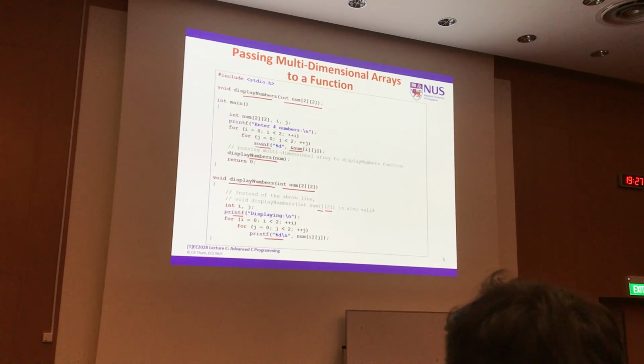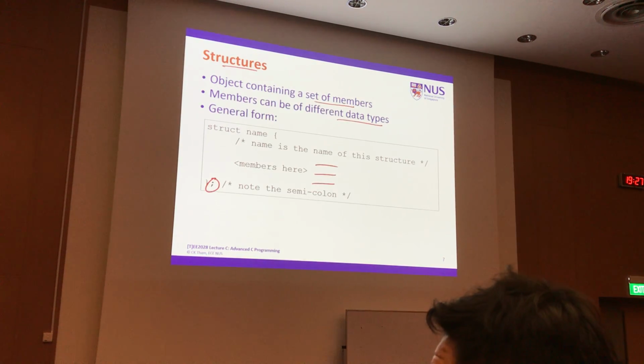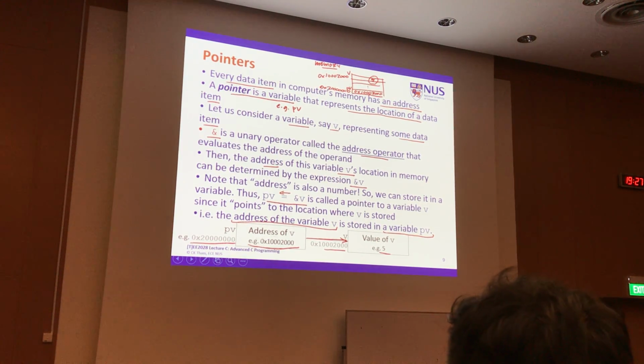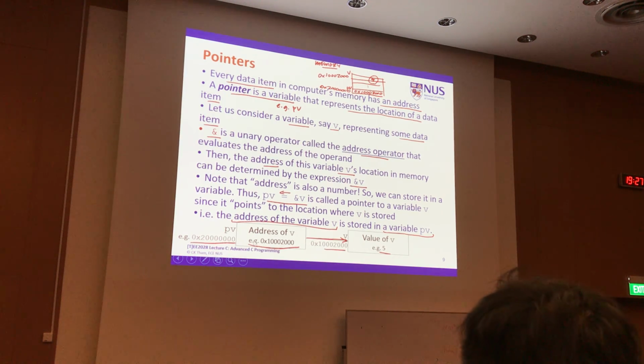Okay. And then pointers to structures, I think you all use a lot. Okay, then what's a pointer? It is just a normal variable, but what's inside is an address. It's an address of a variable, and the variable has a value. So when I do star PV, I end up with a 5.